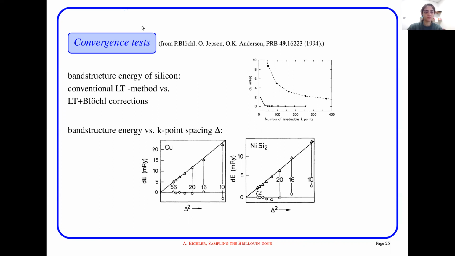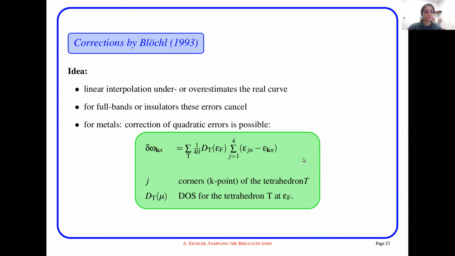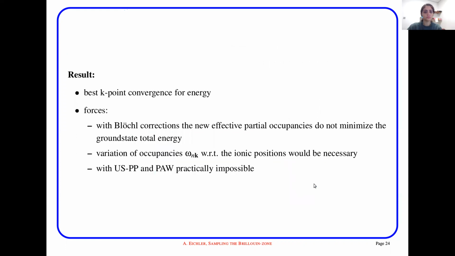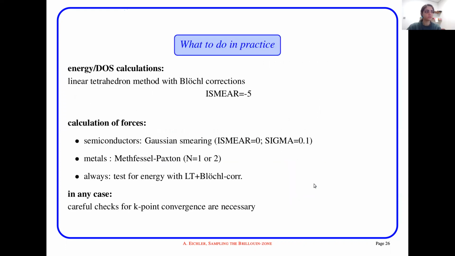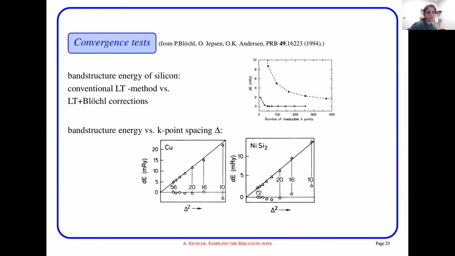Now the slide is really big, but later you will see it locally. Okay. These things are basically the delta E versus the number of irreducible k-points, okay? Let's see if I can go out, because otherwise I don't want you to get all blind.